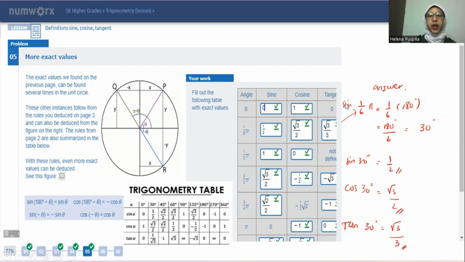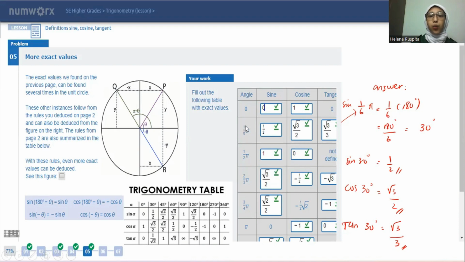So the solution: sine of angle 0 is 0. Sine 0 degrees is 0. Cosine 0 is 1.